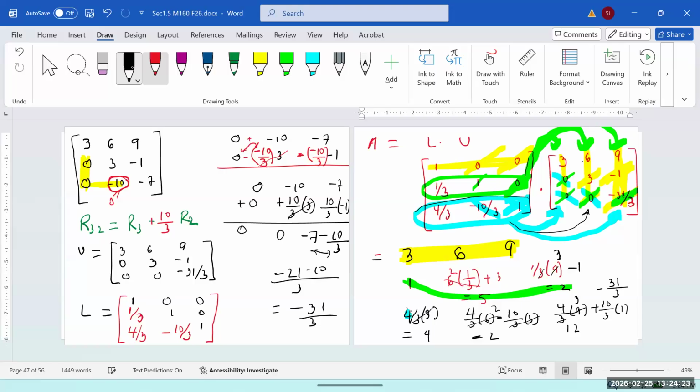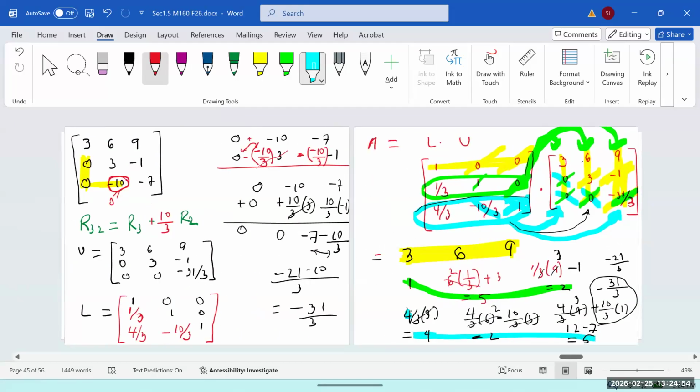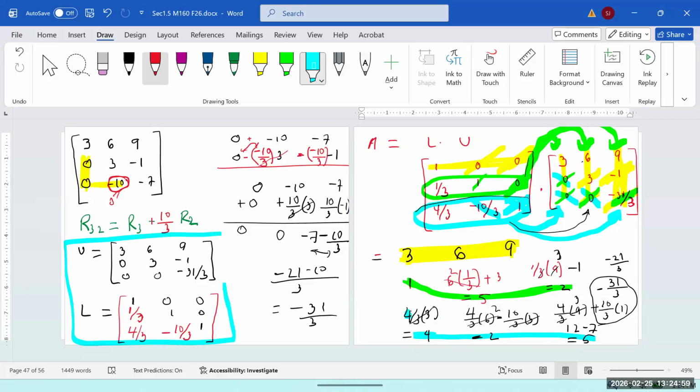Since we have the same denominator, 12 plus 10 minus 31 gives us minus 21. Combined, we get negative 21 over 3, which is negative 7. Wait, so the last row is 4, negative 2, 5. Yay, we got it. Cool. That means our L and U are both correct.